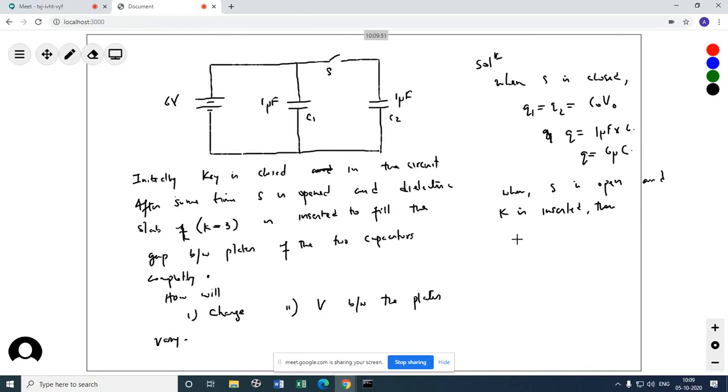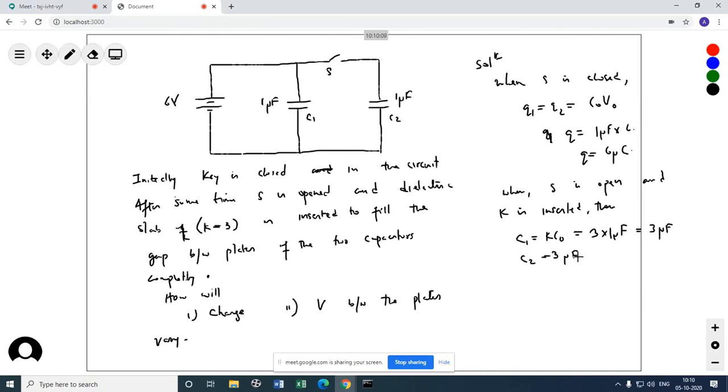What will be the capacitance of each capacitor now? C1 would be equal to K times C0, so that means 3 into 1 microfarad, that gives me 3 microfarad. Similarly C2 would be 3 microfarad.